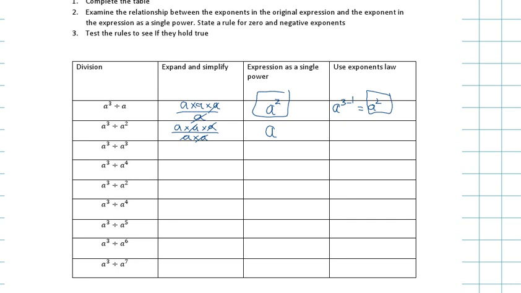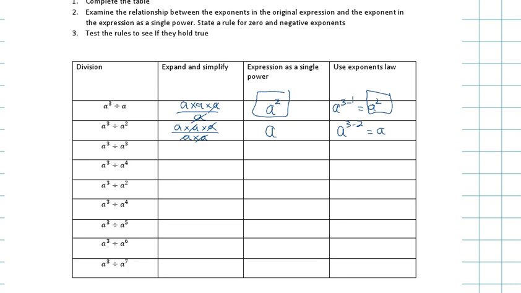Using the exponent law, if I do 3 minus 2, what do I get? 1. Are you guys okay with these so far? With these two? Yes, a or a to the power of 1, that's exactly the same thing. You don't have to write to the power of 1, so I can erase that.